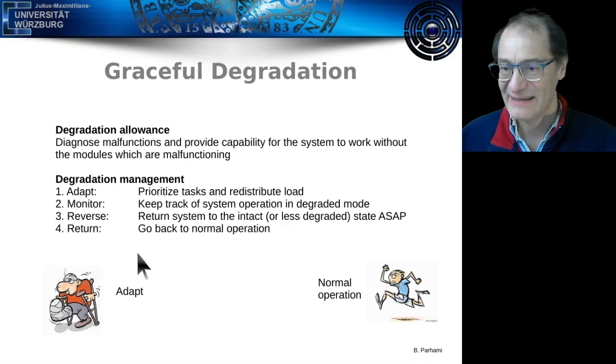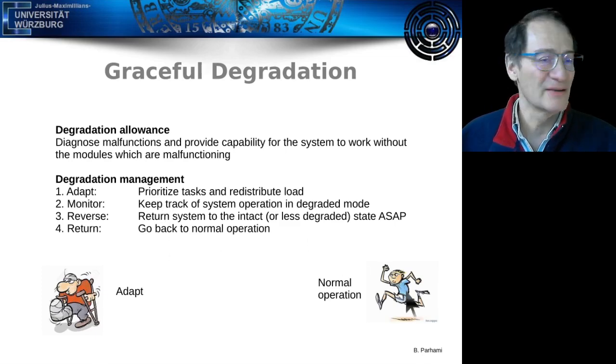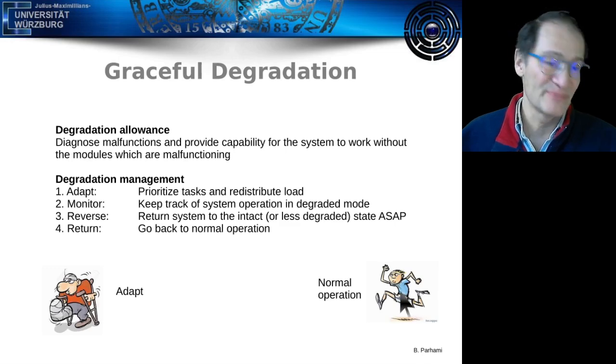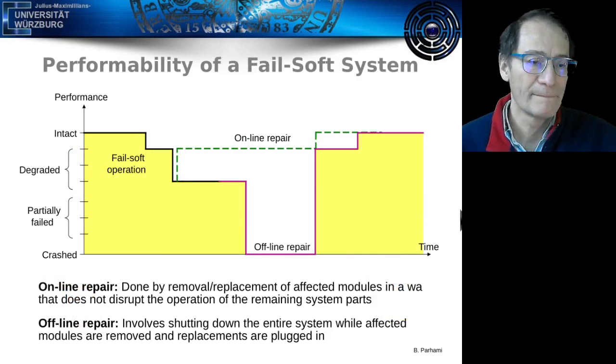You shall try, and then go back to normal operation. And this is the difference. You can adapt here with new reduced performance, or you can go back to normal operations, which is much more difficult. Okay, and this is how it works.